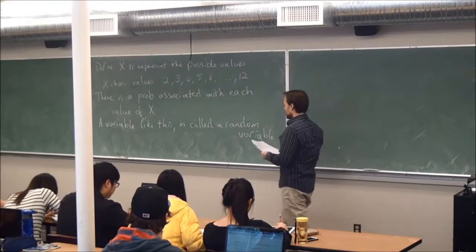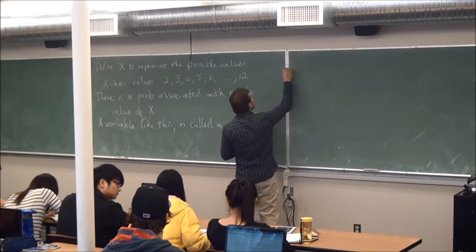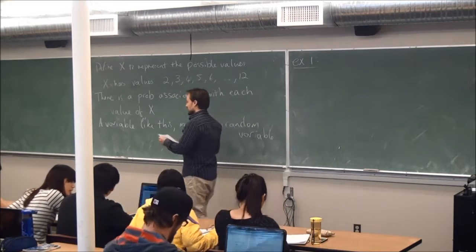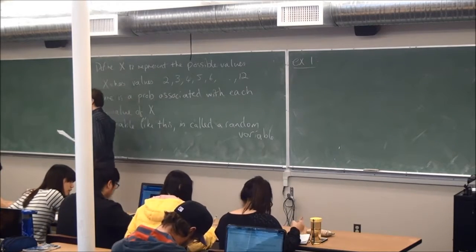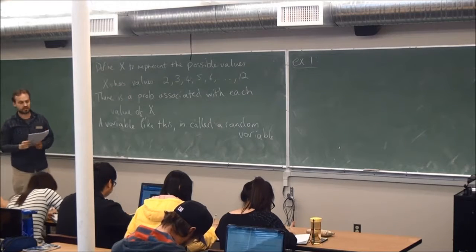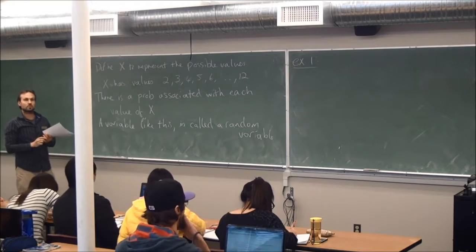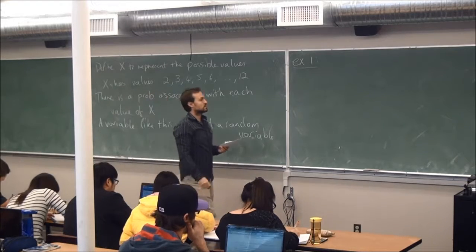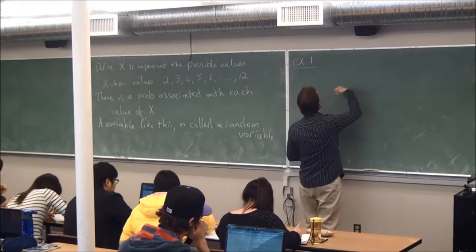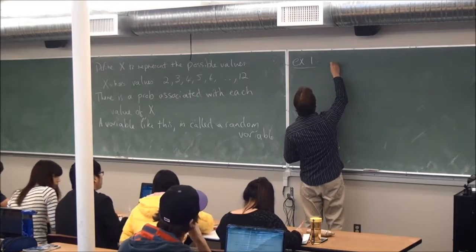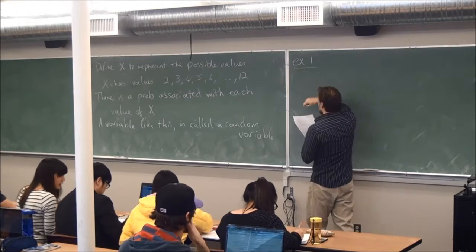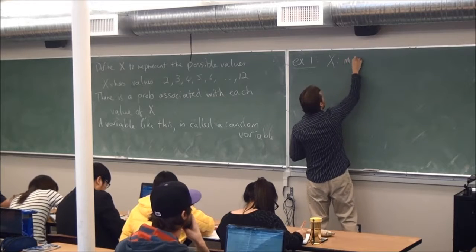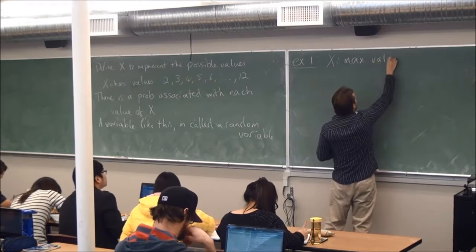So now I have a slightly different experiment. In example 1, suppose a die is rolled twice. Let x denote the maximum value to appear in the rolls. Slightly different, though I'm doing a very similar action, what I observe is different. So they define x for me, the maximum value.